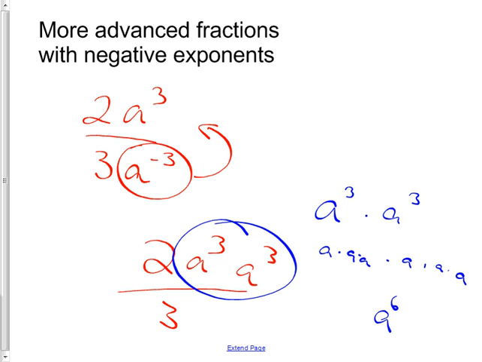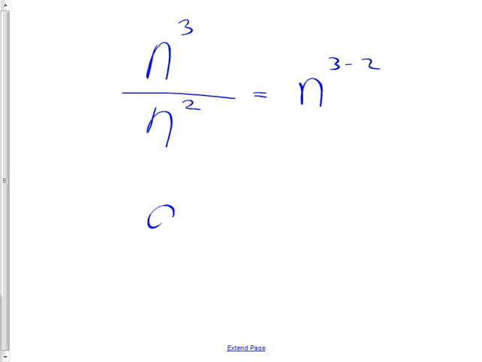I'll give you a few examples of when to add them, when to subtract them, when to multiply them. All right, so let's say it's like this, n to the third over n to the 2nd. When it's like this, you subtract them. N to the 3 minus 2. When it's like this, a to the 5th times a to the 2nd, what's your gut?